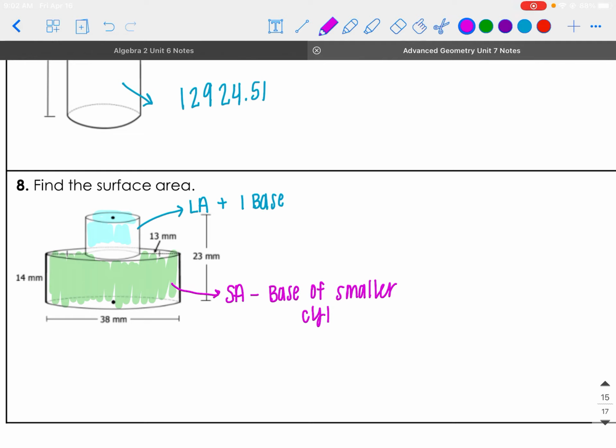So doesn't it make sense if we just take off this part and this part? They kind of just cancel each other out, right? Instead of adding here and subtracting there, we're adding and subtracting the same thing. So it makes sense just to do the lateral area and then the surface area. So why don't you see if you can do that? Find the lateral area of the smaller cylinder and the total surface area of the larger cylinder.